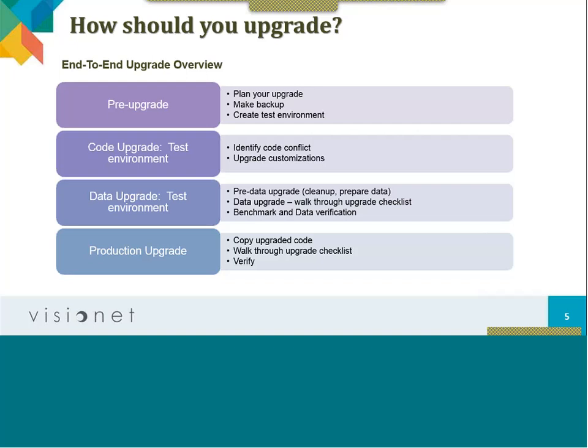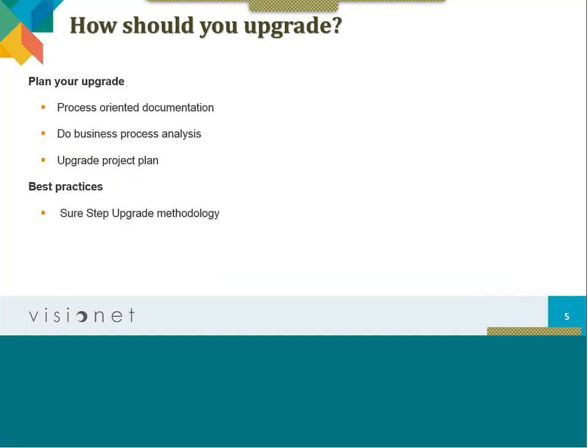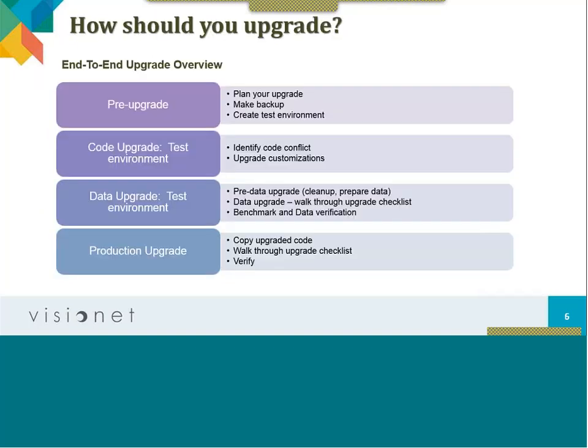There's custom reports, etc. There is a checklist available, and that needs to be followed to upgrade the code. Once you have done that, then you jump into the data upgrade, where you are taking all the data, cleaning it, making sure there are no inconsistencies, going through the checklist, verifying it one by one, and taking it to the live or the new environment.